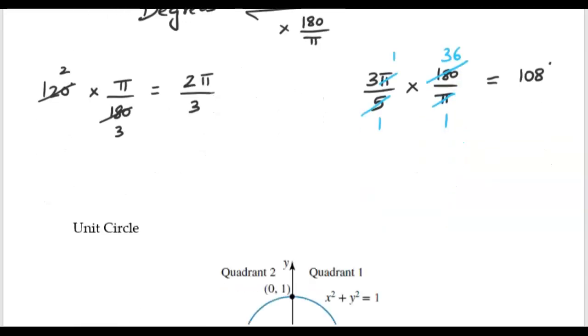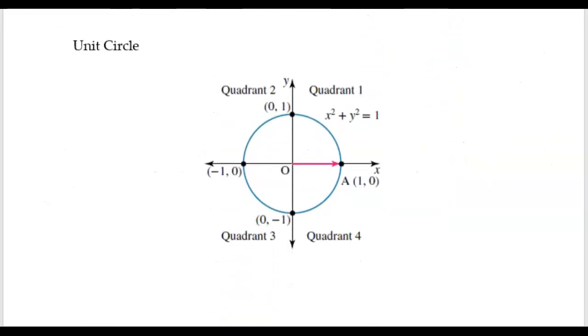Now the second part consists of the introduction of the unit circle. The unit circle is very significant for the understanding of circular functions and how we're going to sketch sine, cos and tan functions. So to start with, let's talk about the unit circle.